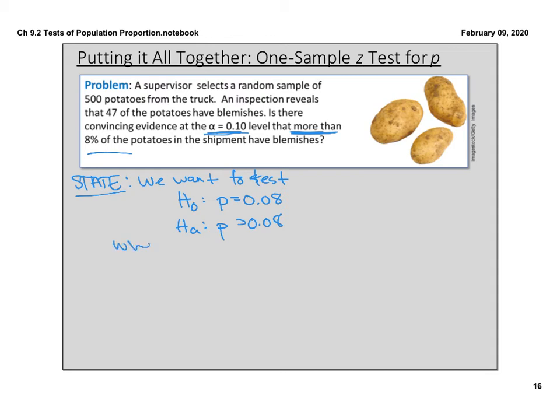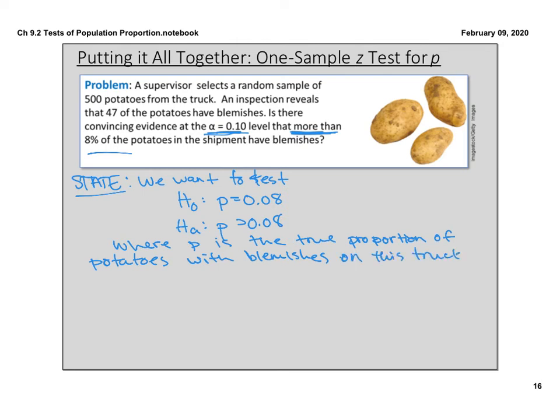Where p is the true proportion of potatoes with blemishes on this truck. Oh, and oops, I almost forgot.